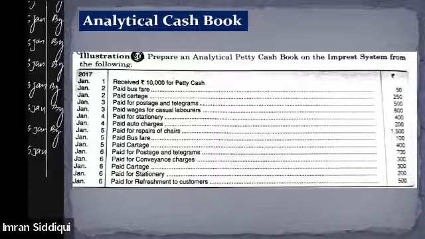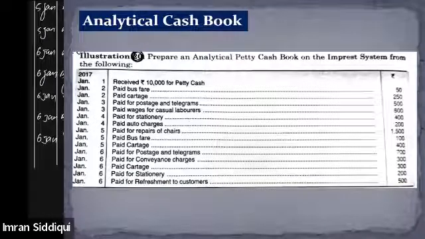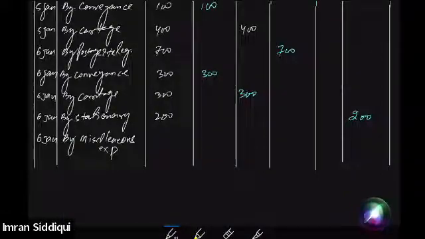I think I'll have to make a separate column for that. Let me write it as by miscellaneous expense. Miscellaneous expense amounts to 500.